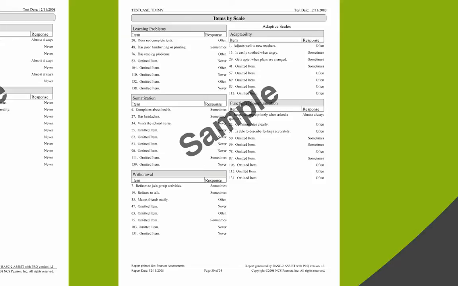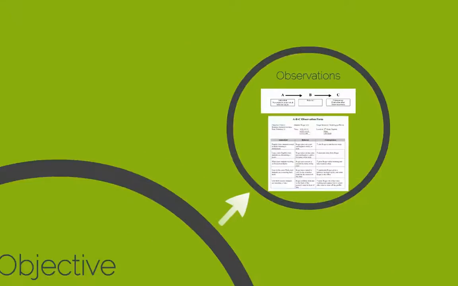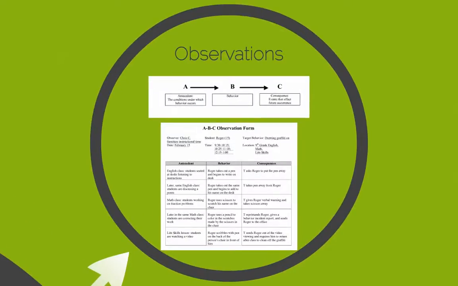And you can also see how some of these categories relate directly to the federal criteria for identifying, those 5 federal criteria for identifying a child with an emotional disturbance.